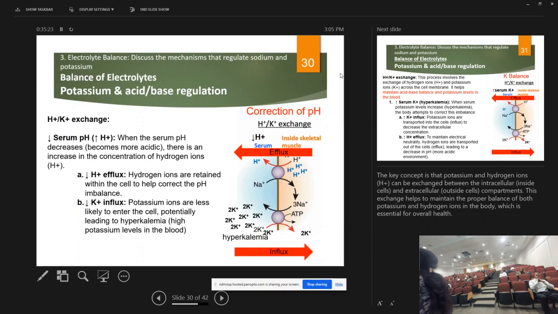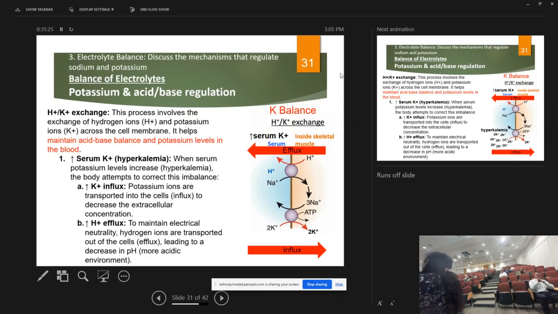So now, the reverse can also happen, right? We are now correcting for potassium in this case. Suppose serum potassium is high in this first case, which is hyperkalemia. So here there is more potassium. How do you correct it? By shifting it in, right? So that means this pump is working really hard, really fast.